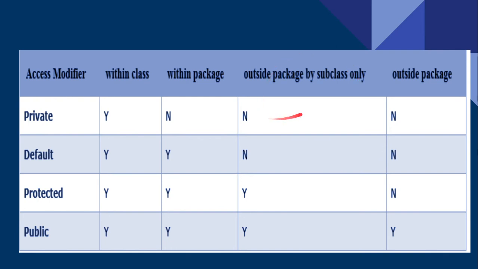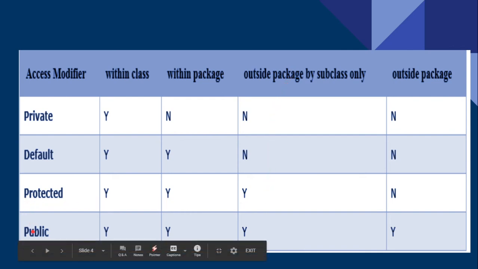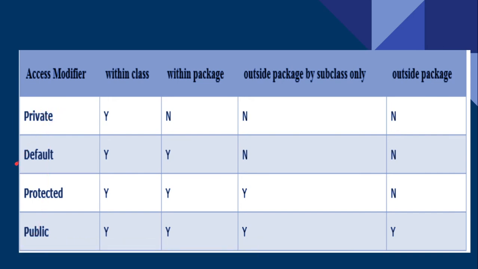Next one is outside the package by the subclass only. So when you derive a subclass for a parent class, in that case we can use these access modifiers to access the data outside the package. It is possible when we give the protected and the public access specifier. So if it is private or if it is default, those data or methods cannot be accessed outside the package.